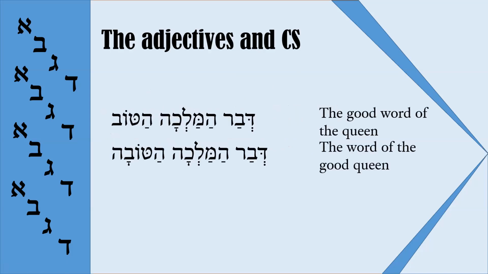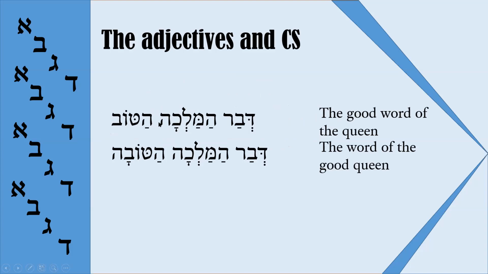One more tricky thing that we need to remember. As I told you, when we have two words in the construct relationship and we need to qualify one of them with an adjective, the adjective will go after the construct word pair. For example, devar hamalka hatov. Do you see?